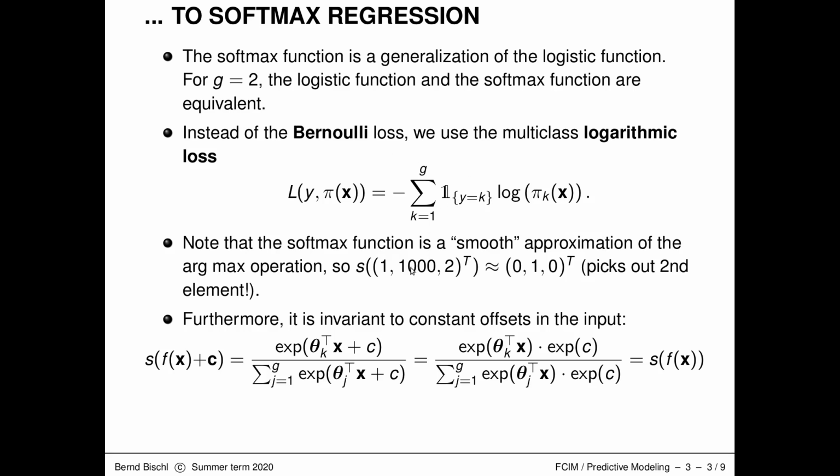If you consider a vector with 3 components, where the middle component is super large compared to the other 2, what would the argmax function do? It would tell you which of these is the maximum, so where the maximum actually occurs.